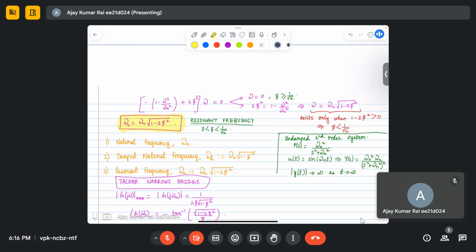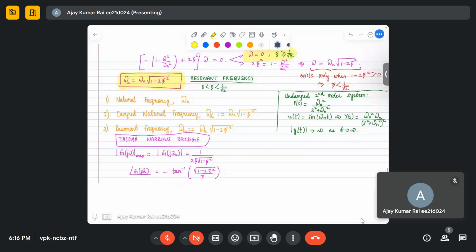What we observed is this is valid when zeta is between 0 and 1 by root 2. Otherwise you'll get the maximum peak at omega equal to 0, but we are not concerned about it. When the system is underdamped and zeta is between 0 and 1 by root 2, this definition of resonant frequency is valid. At this particular frequency you'll get the maximum magnitude of G of j omega.